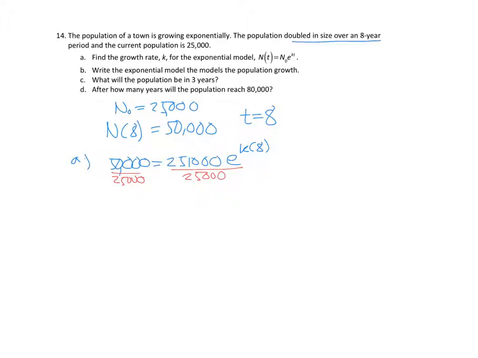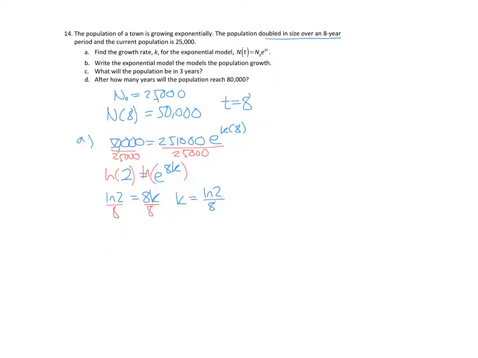And we get 2 is equal to e to the 8k. And now we want to solve for k, so we want to get rid of that e. We can take the natural log of both sides. And we get the natural log of 2 is equal to 8k. And then to solve for k, we divide both sides by 8. And we get k equals natural log of 2 over 8.